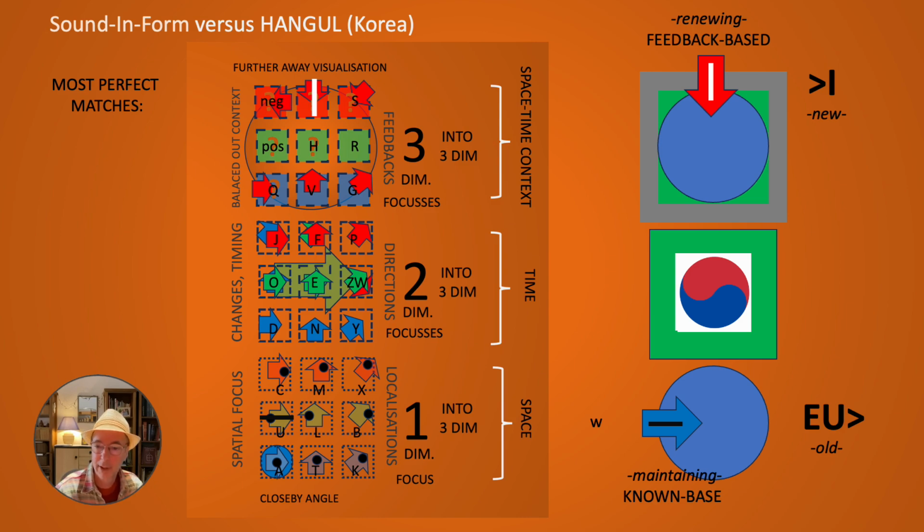So here, compared to as a yin and yang system, you can describe the were like here, this blue arrow, which is at the same spot as U. It says, yes, I make a start from what I know, I follow up what I know, I maintain the known base. While on top you have the renewal base based upon feedback. So you had feedback before, you realize what you should do and what you should change, and according to that you make that renewal. So that's the balance.